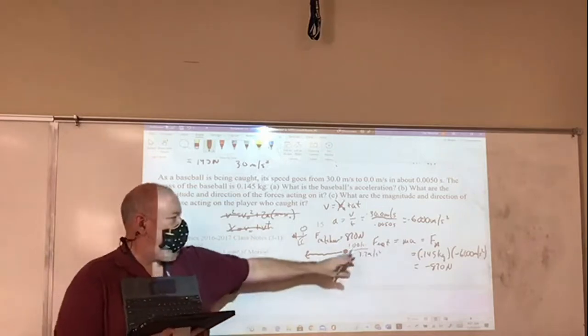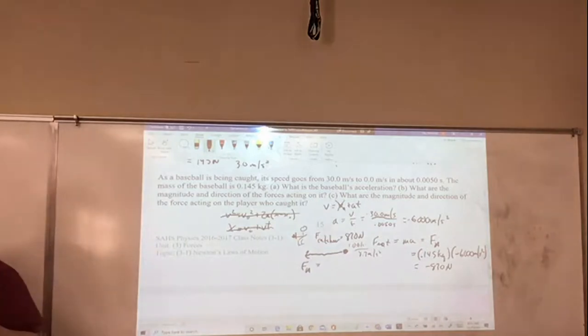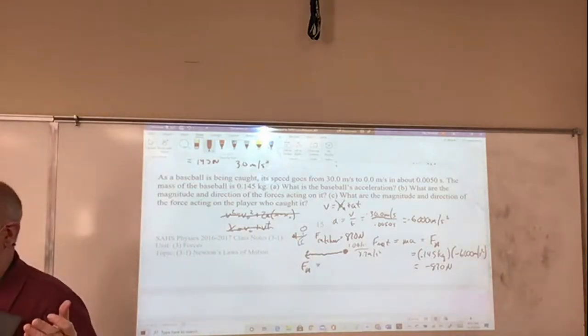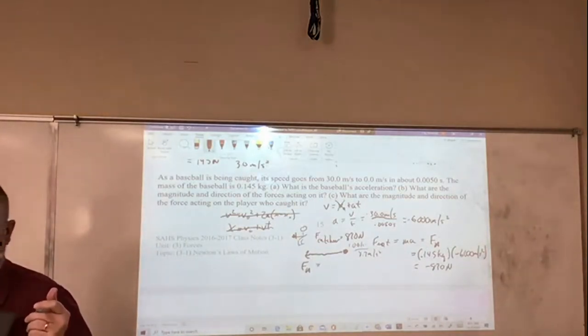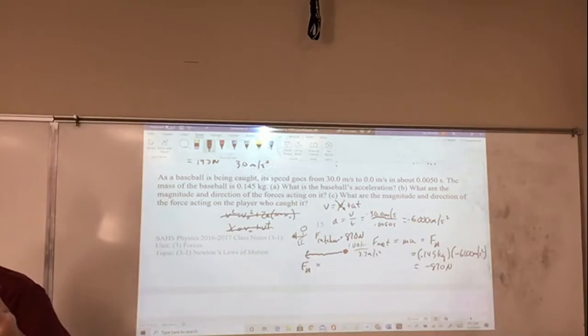You don't need to write that down. I'm just adding that in there. But yes, it would have accelerated them. A better example of that might be a hockey player on ice. If they're not digging in with their skates and the goalie catches a puck, that puck will literally cause him to accelerate backwards.